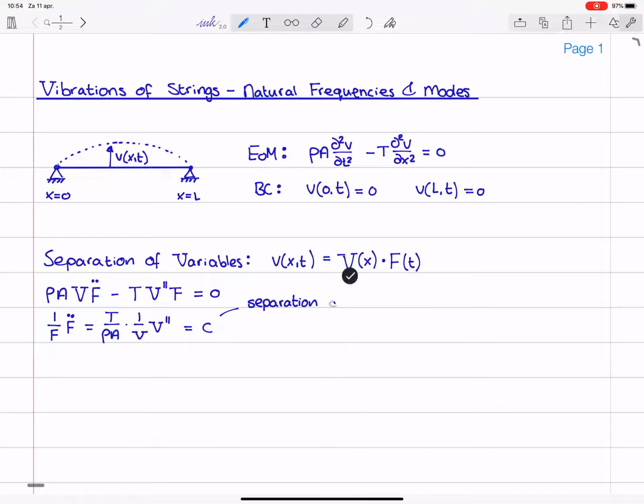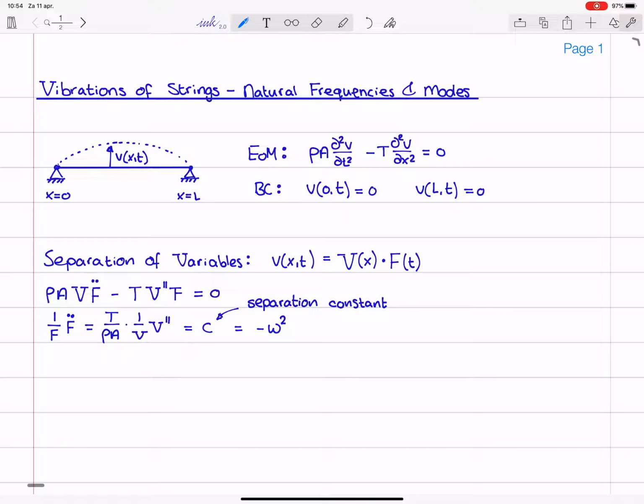So we can work with this constant c, but since I already know what the result will be, I will redefine this constant to be minus omega squared. And once you see the result, you will understand why I do it like this.